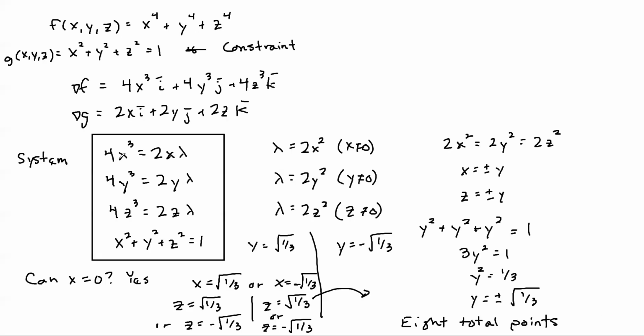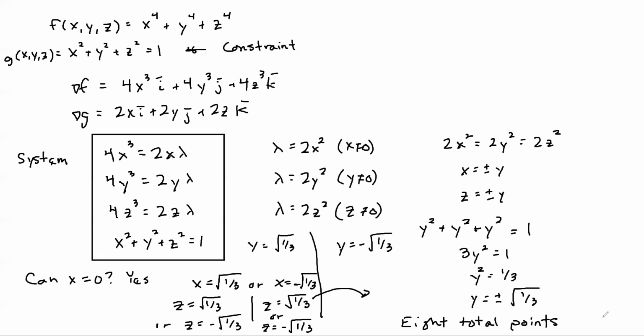So what we're going to do is we're going to say let x equal 0. And we're going to assume that y and z are both not 0. All right, if x is equal to 0, then I just said it. So this equation drops out. And then these three are still good, except you put a 0 where the x is.